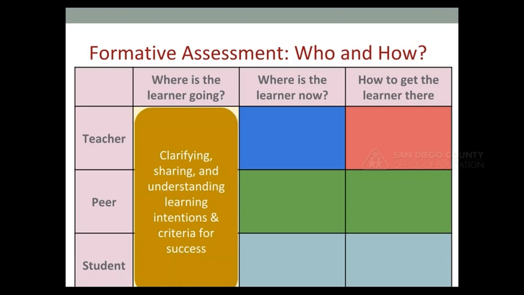And it is everyone's job to clarify, share, and create an understanding of the learning intentions and criteria for success. And in highly successful classrooms, we see students co-creating that criteria for success, assisting in the process of determining what those learning intentions are so that they can really understand where they are supposed to go and really by when. What's that timeline for that process?